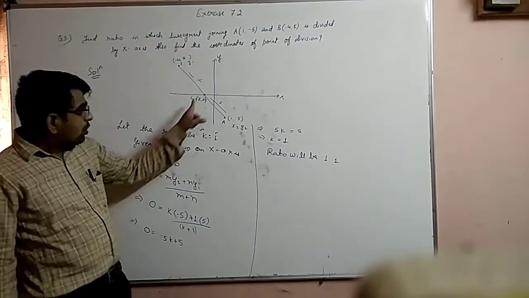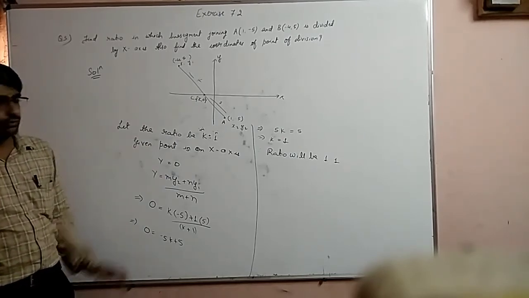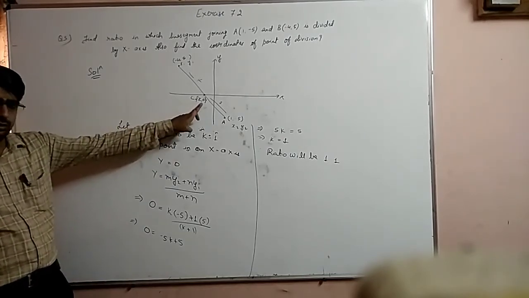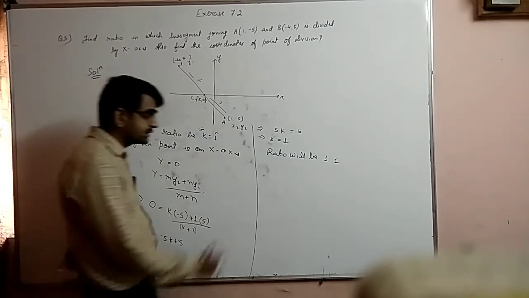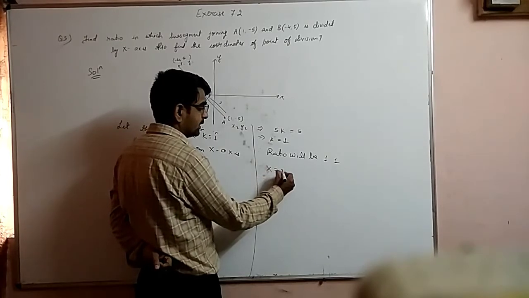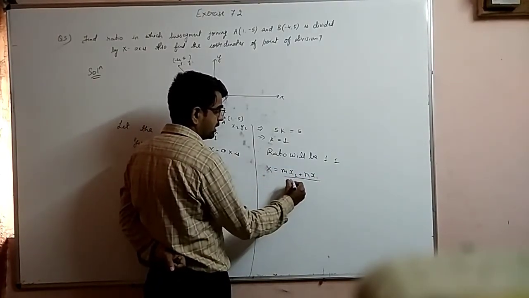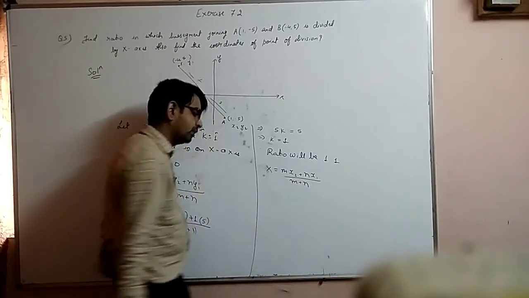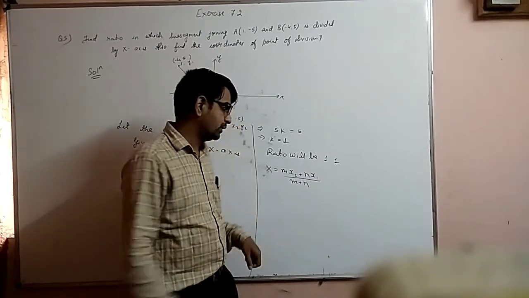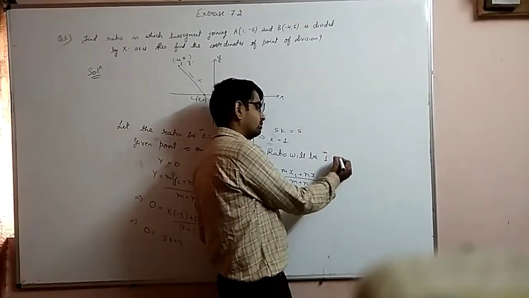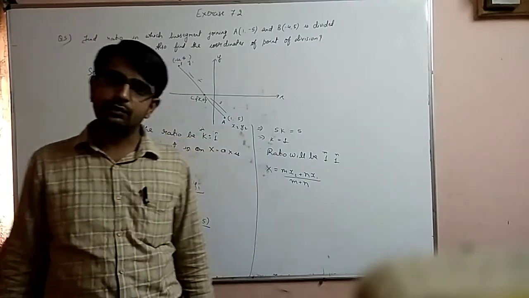Now, also we have to find the value of x. Okay, we need to find the coordinates. This one is 0, so no need to find, but we have to find the x. What is x? X is mx2 plus nx1 by m plus n. Now we know the ratio. Ratio is 1:1. So instead of m we can write 1, and instead of n also we can write 1.